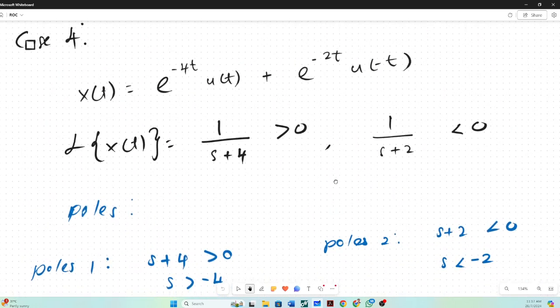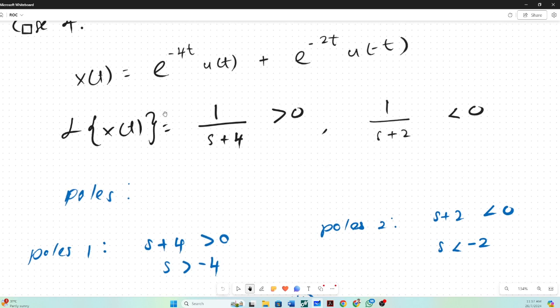For the last example, same as the previous, we have two signals separated. The first signal is on the right side and the second signal is on the left side. After doing the conversions, the first element becomes 1 over s plus 4. We know that this right-side signal must be more than 0.